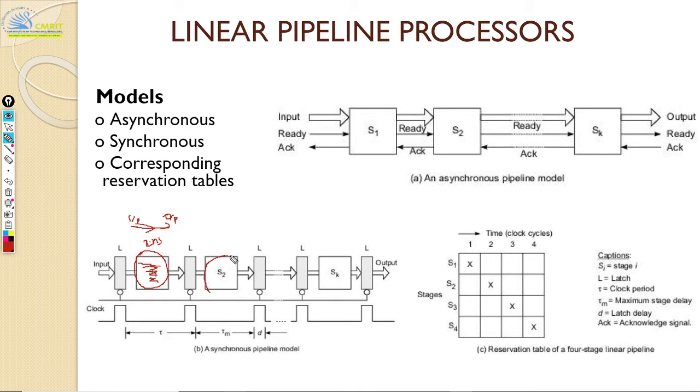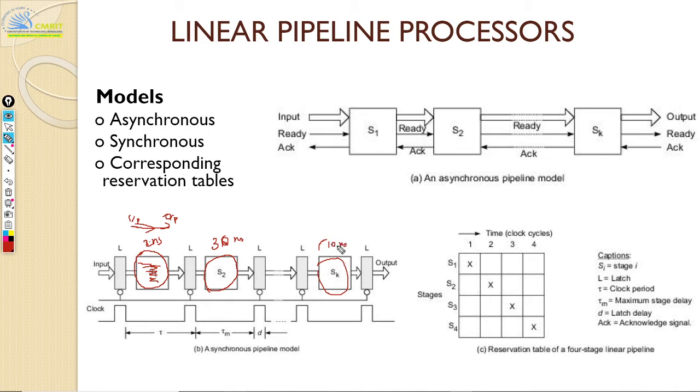Now let us assume there is another stage here, decode, which takes, say, 3 nanoseconds, and so on. Actually, decode will take a lot of time, so let us assume decode takes 30 nanoseconds, and one other stage takes 10 nanoseconds.